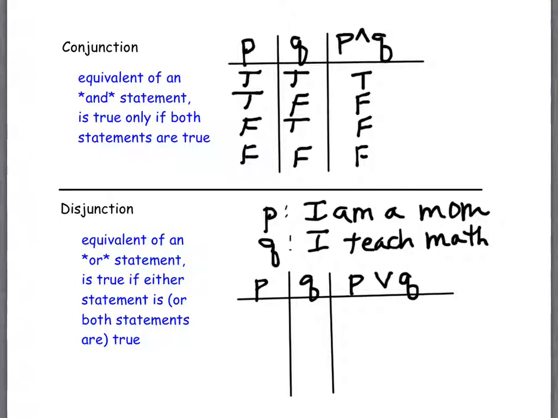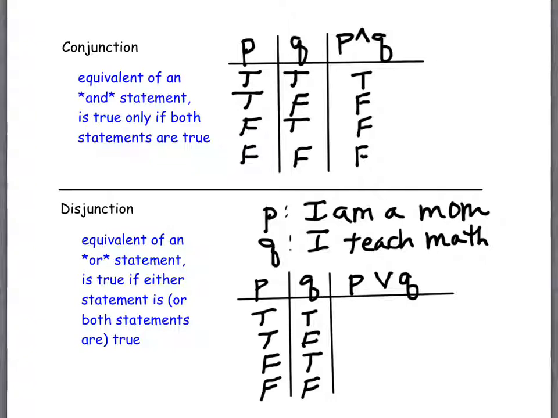Now, the column setup for P and Q looks exactly the same. I still have all the same possibilities. I could have two true statements, the first one true and the second one false, the first one false and the second one true, or both false. And those are always going to be the same possibilities. Now, the results may be different. So let's go through these people again.